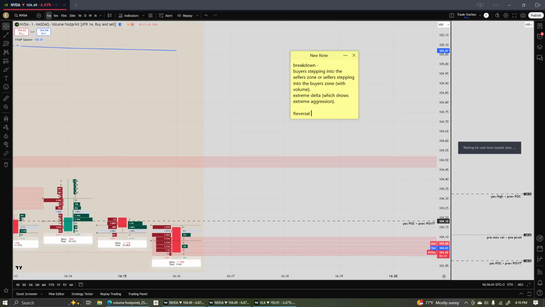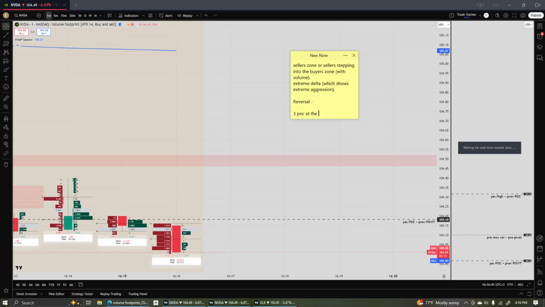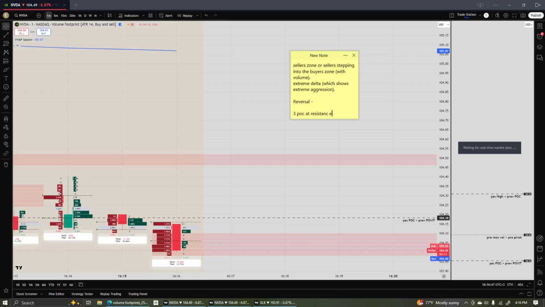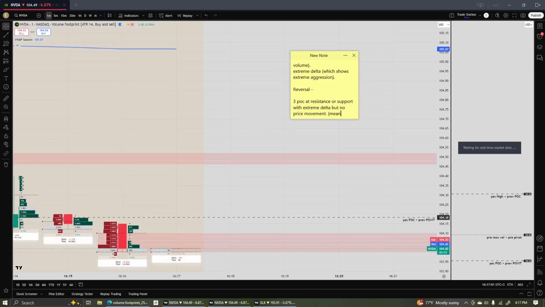If I am trading a reversal, I look for three POCs at resistance or support with extreme delta but no price movement, meaning all the aggressive buying has been absorbed.